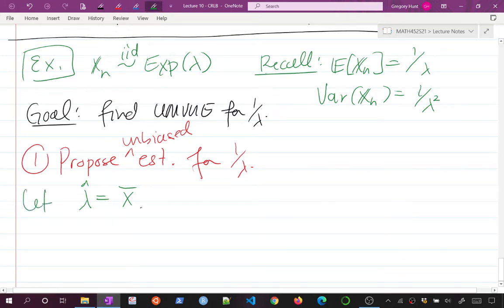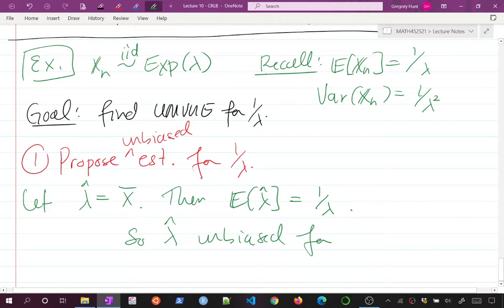So let lambda hat be x bar, then the expected value is 1 over lambda, so it's unbiased for 1 over lambda. Let's not call it lambda hat because that's weird. It's weird for my estimator for 1 over lambda to be lambda hat.